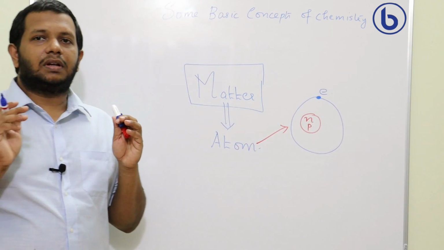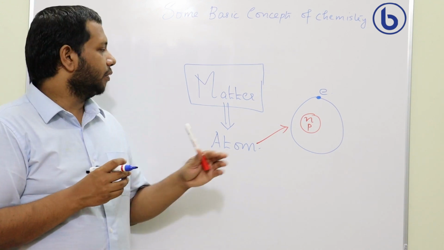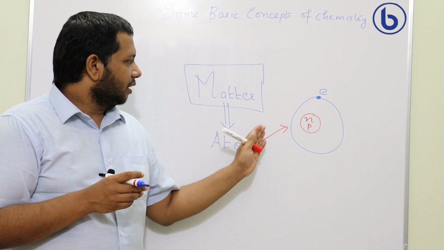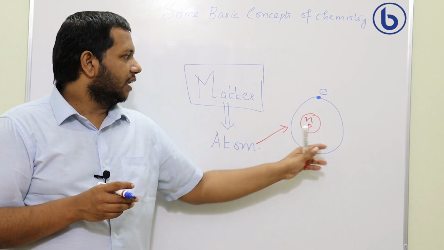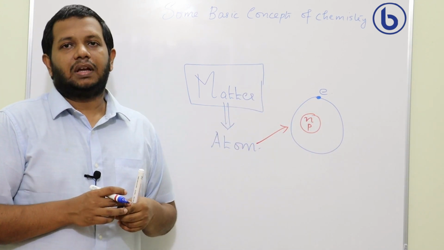This is the fundamental thing that you might already know. So an atom has a nucleus which consists of neutrons and protons, and electrons revolving around it.